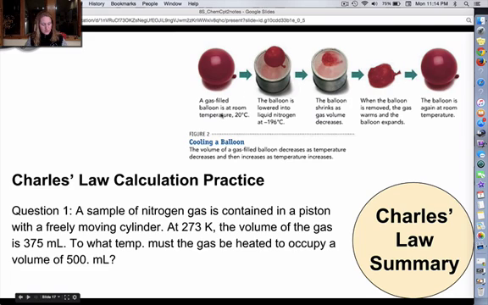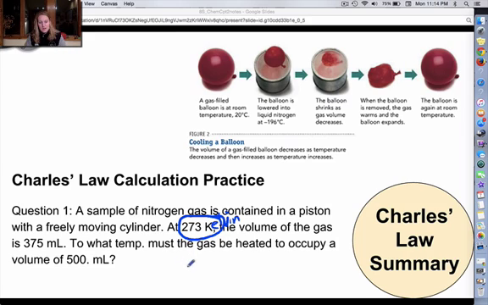There's a nice visual for that. And I'm going to tell you, the relationship has to be in Kelvin. This is another measurement for temperature. So 273 Kelvin is the same as 0 degrees Celsius. And so you have to do this calculation with the Kelvin, and so you would report it in Kelvin.